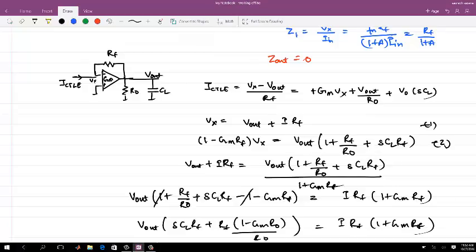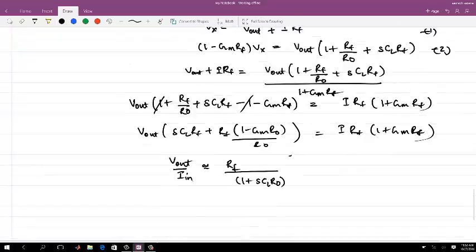If GM is infinite, then it is almost, so I am writing in very much approximation. How will 1 by GM come in parallel? Right, so 1 by GM will come there.